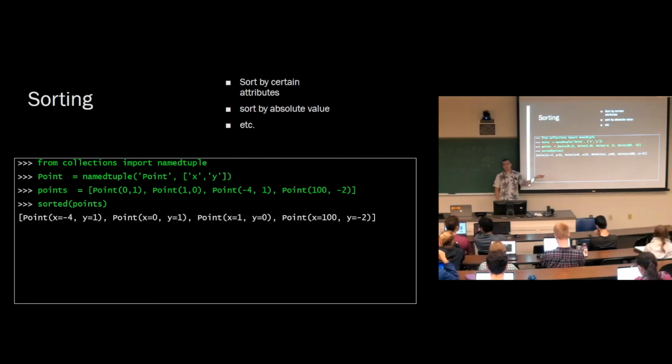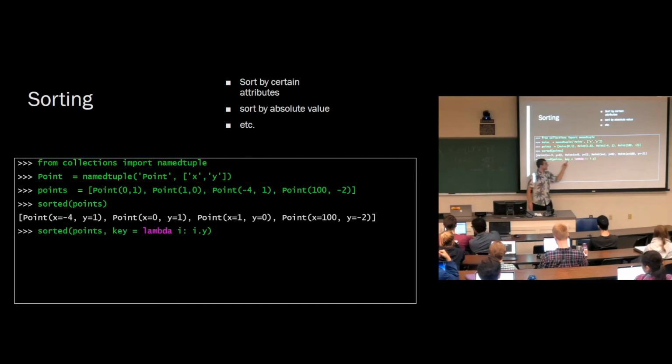And this actually is the default Python behavior for sorting tuples. If you sort a list of tuples in Python, it sorts them by their first element first, and then if there's a tie, it resolves that tie with succeeding elements. And that's what we saw here. X is the first element, so it's sorted by x. Now, what if we want to sort by y? Well, you can pass a key function into the sort function.